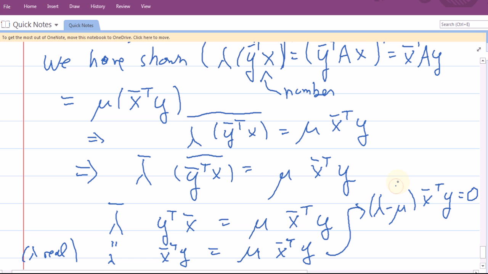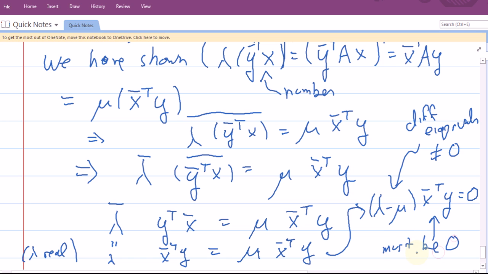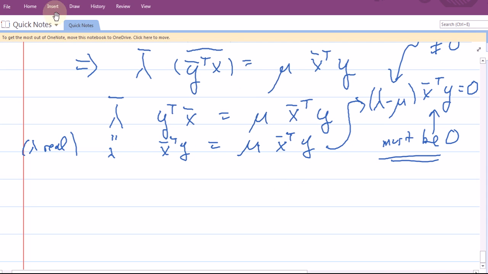But these are different eigenvalues, so this difference is unequal to 0. That means this must be 0. X conjugate transpose y is equal to 0. That must follow, and that's what orthogonal means. That means that the conjugate transpose of the one vector times the other vector is equal to 0.